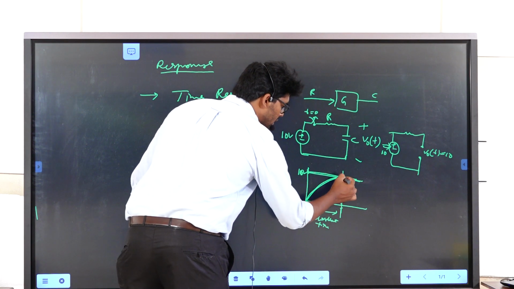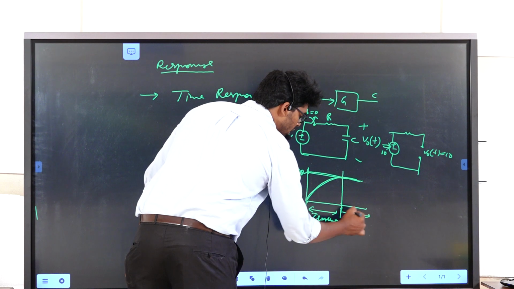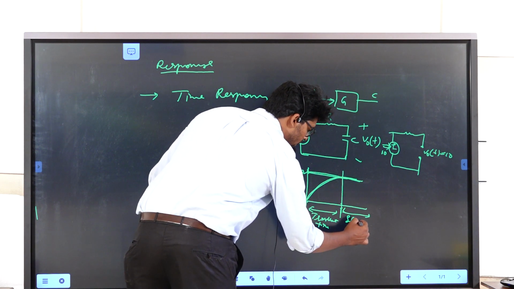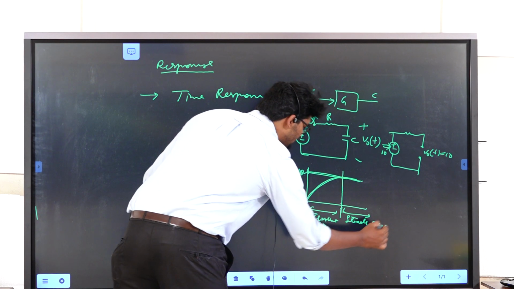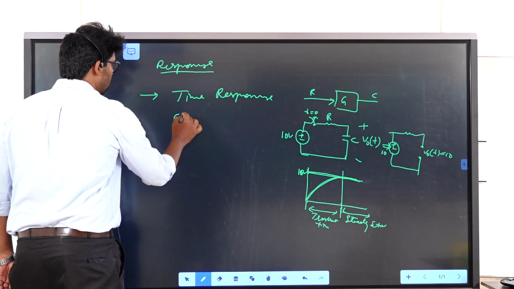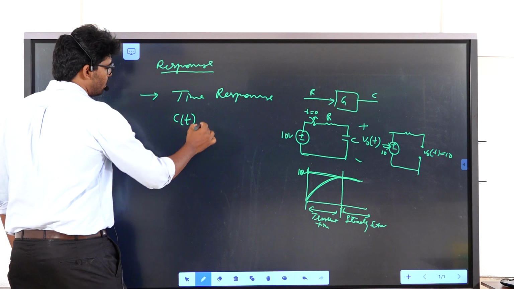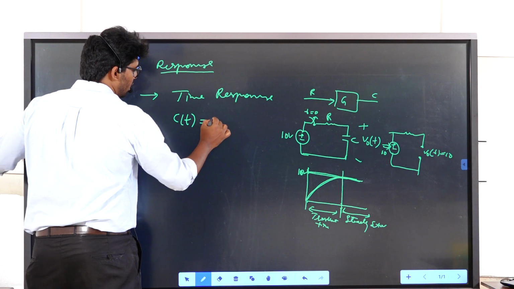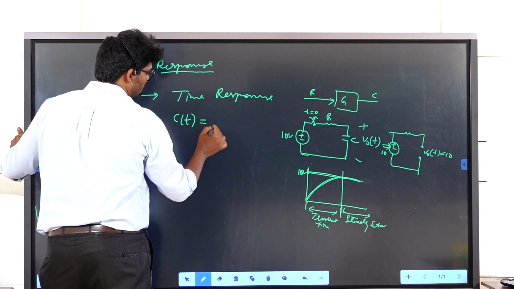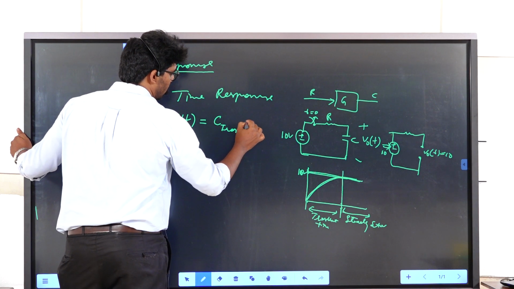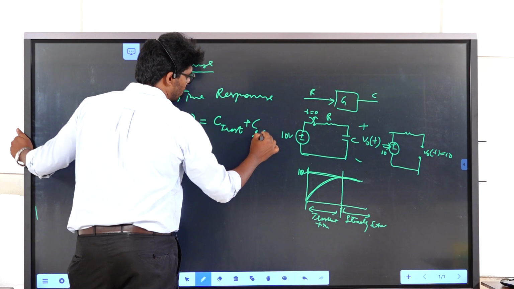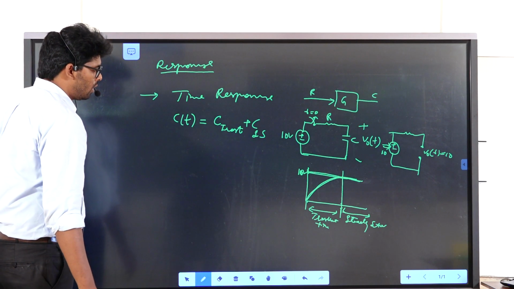And from there onwards, it is said to be the steady state. So the time response C of t is the sum of the transient response plus the steady state response.